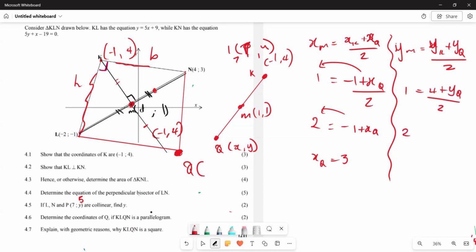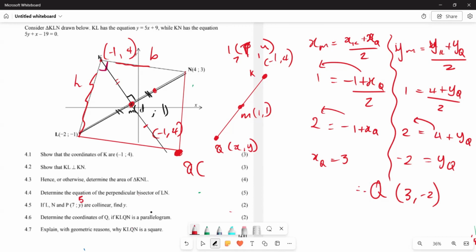This is the same as 2 equals 4 plus y of your q. Then when you take this to the other side, can you see that negative 2 equals the y of your q? So basically, the coordinate of your q is 3 and negative 2. It is that simple to do this particular question.